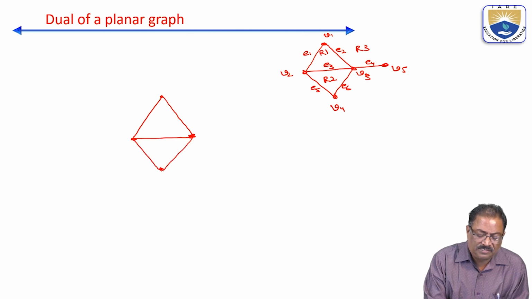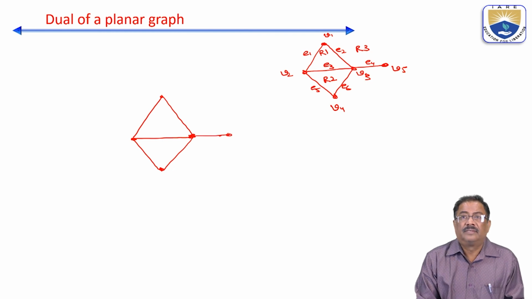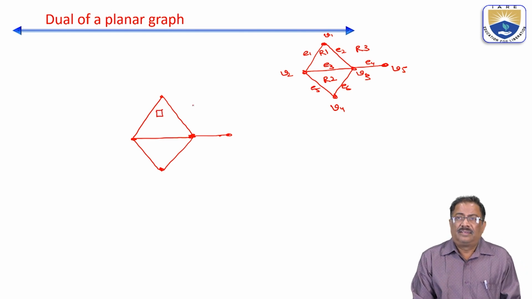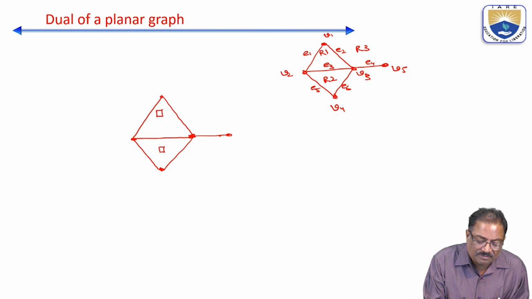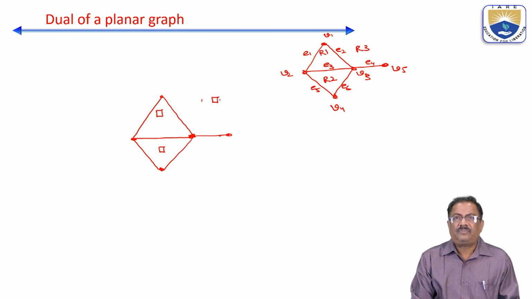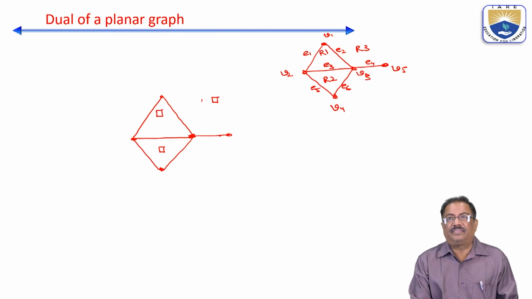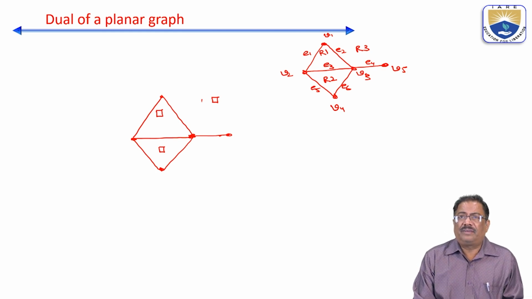Region R1 is considered as vertex V1 star, region R2 as vertex V2 star, and region R3 as vertex V3 star. These are the three vertices in its dual.